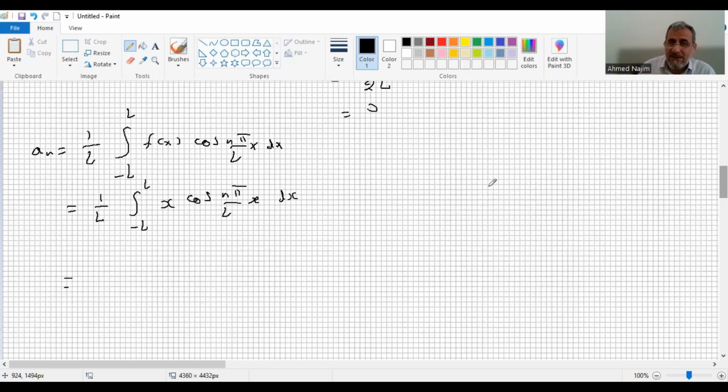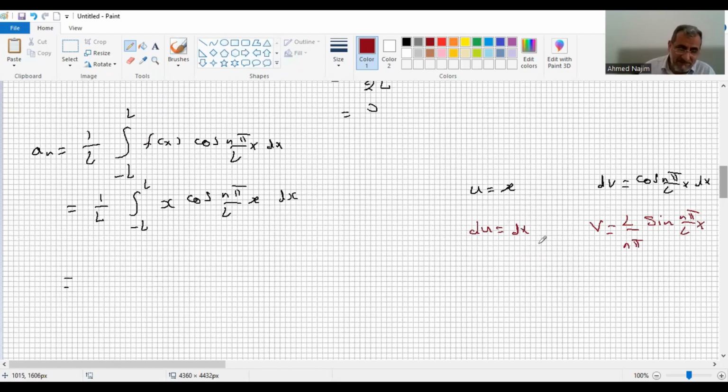So u is equal to x and dv equals cosine n pi over L x dx. The derivative, du equals 1 dx, and the integral of dv is multiplied by L over n pi, so out of the integral we have L over n pi. The integral of cosine is sine n pi over L x.